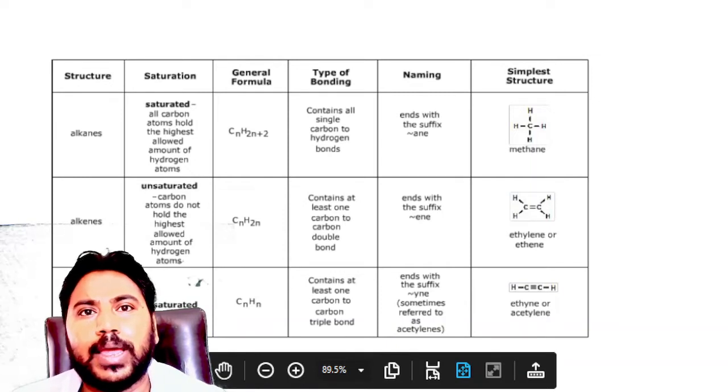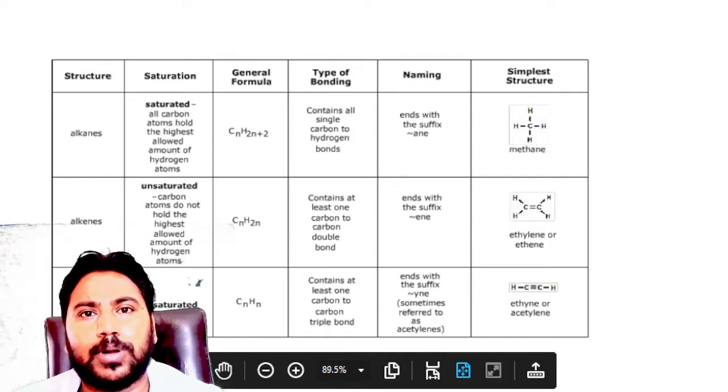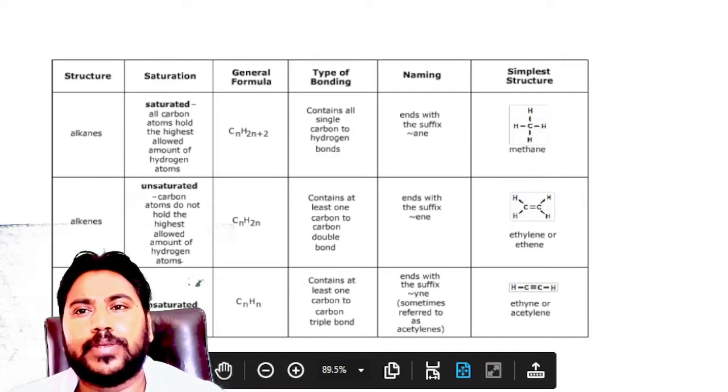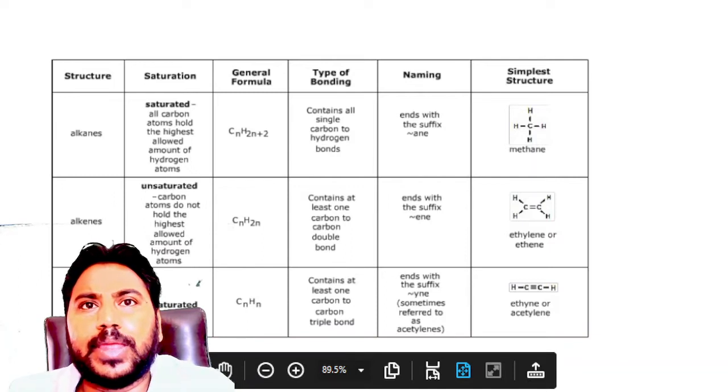Now talk about alkene. They are unsaturated hydrocarbon having general formula CnH2n, and they form double bond between carbon atoms, and suffix will be used "-ene". As we can see in ethene.